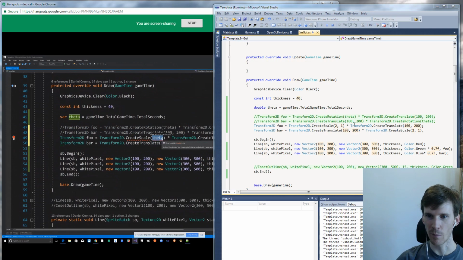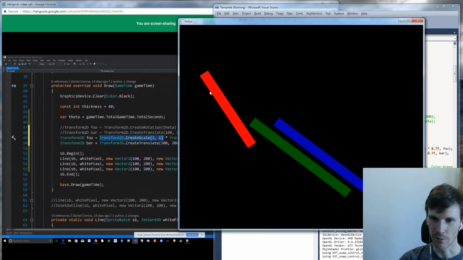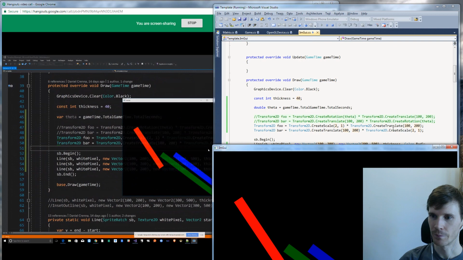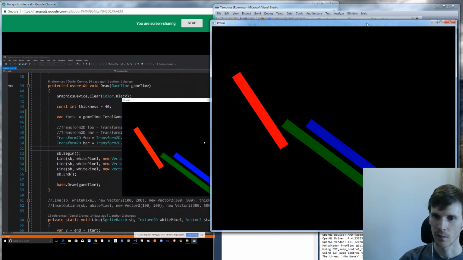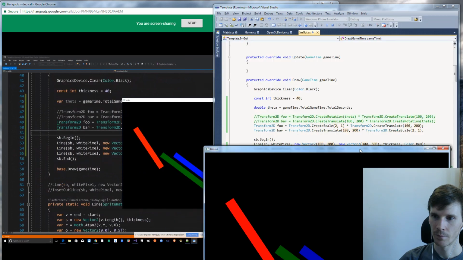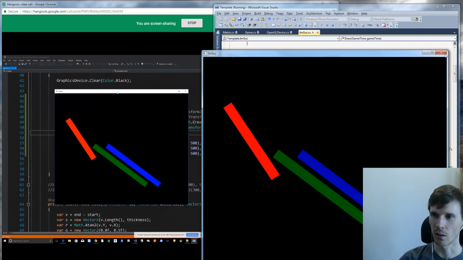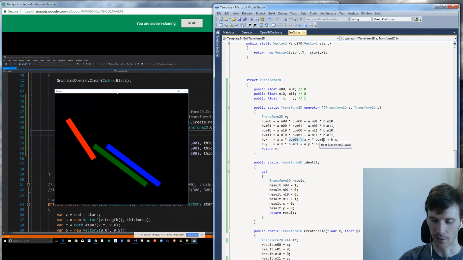So the animated one was pretty, but this should give you a better idea: if you translate first, that translation then gets scaled, whereas if you translate second, it doesn't get scaled. Blue is bar, yeah. Right, that makes sense. So we've scaled the translation, and that should make a lot of sense with what we did here, which is, if we do it in that order A, B, we're applying.